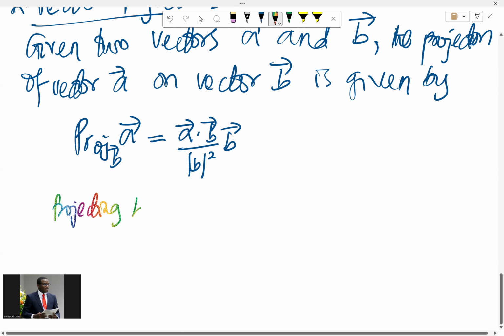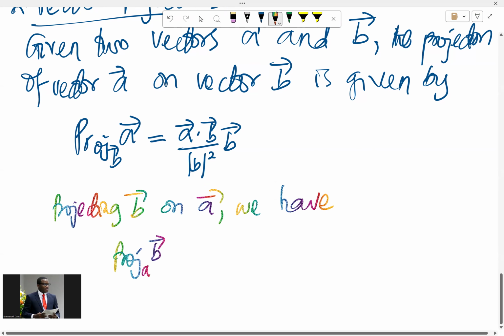Projecting vector B on A is equal to, since the dot product is commutative, B dot A divided by the magnitude of A all squared, multiplied by the vector A itself. So that is what that looks like.